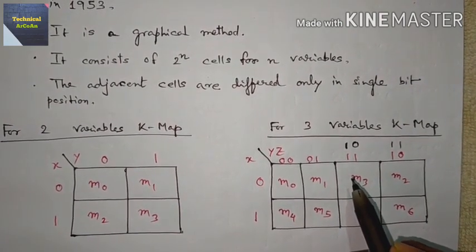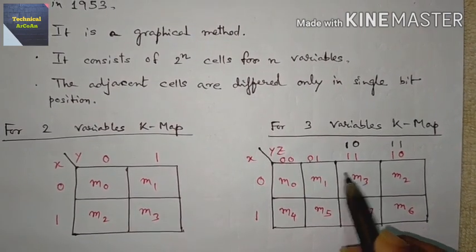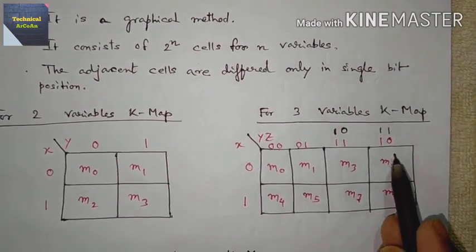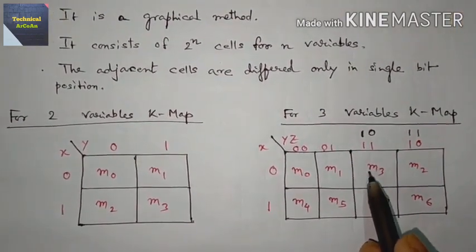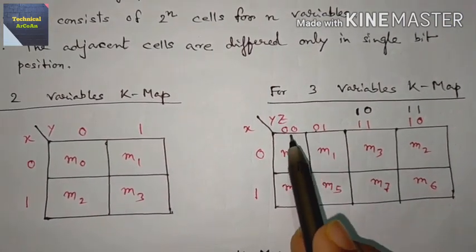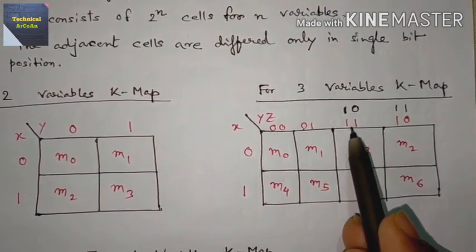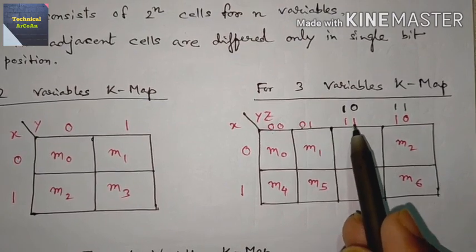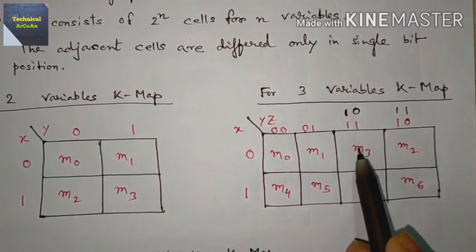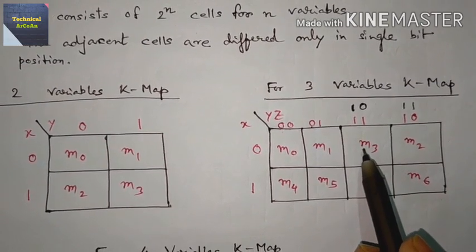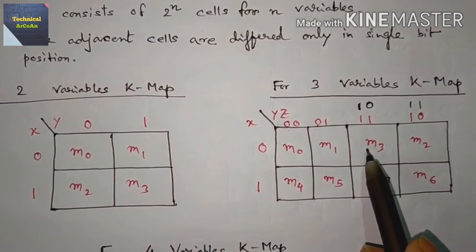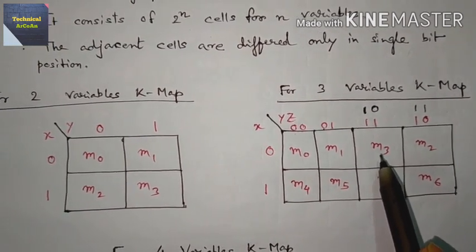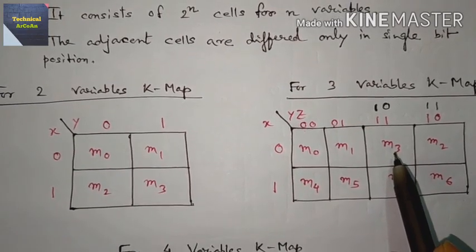We cannot change more than one bit at a time between two cells. That's why the 1 1 position goes into that place and the 1 0 position goes after it. So the order is 0 0, 0 1, then 1 1 and after that 1 0. Now check: 0 is changed to 1 but the other bit is the same, so between these two cells only 1 bit changes. For a Karnaugh Map, two simultaneous bit changes between two cells are not allowed. Only a single bit can change.